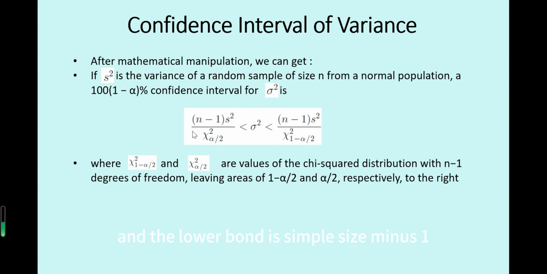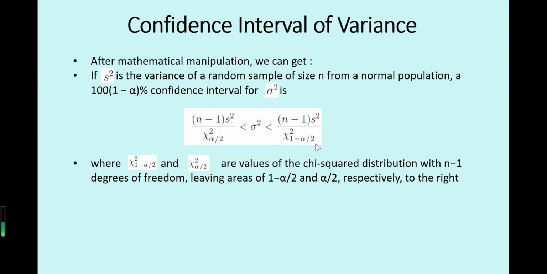The lower bound is sample size minus 1 times sample variance divided by chi-square value at half alpha. And the upper bound is sample size minus 1 times sample variance divided by chi-square value at 1 minus half alpha.